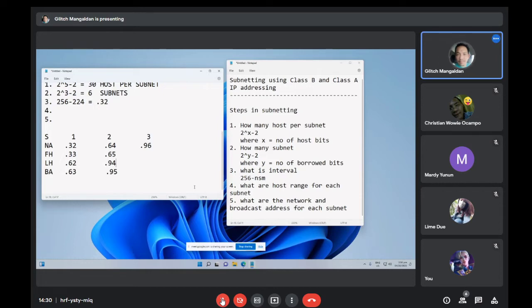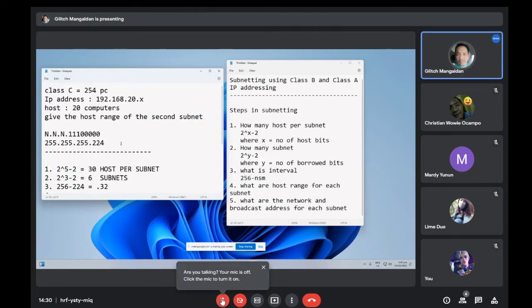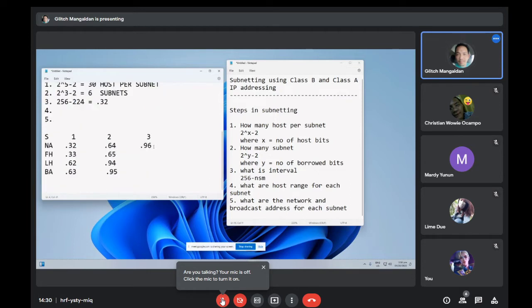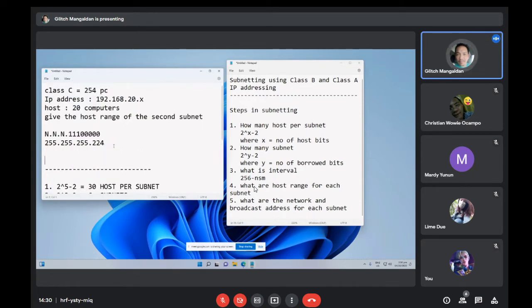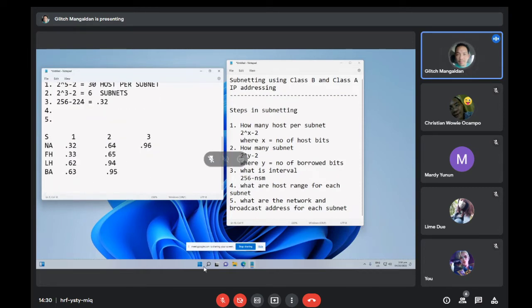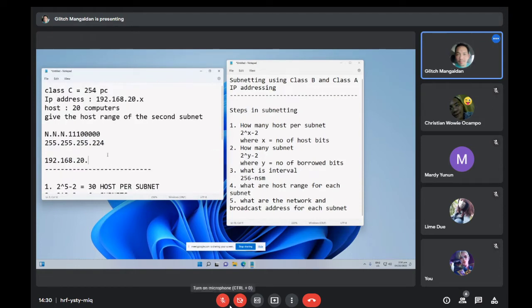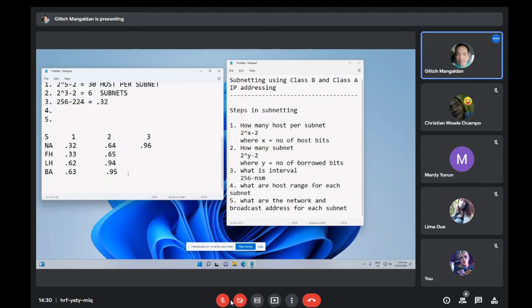Okay, now, what is the answer here? Give the host range of the second subnet. So, these two are the answer. 65 to 94. The correct answer here is from 192.168.20.65 up to 192.168.20.94.